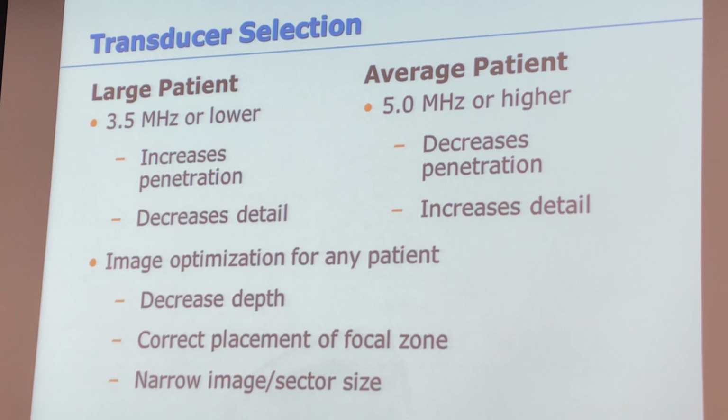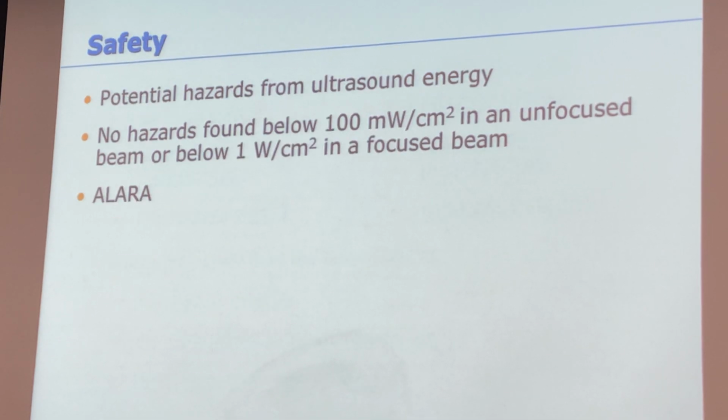Okay, so we want to make sure that we're running our machine to its optimum measurements. They don't know of any measurements of anything harming the baby, but we don't want to take any chances, right? So always practice your ALARA.